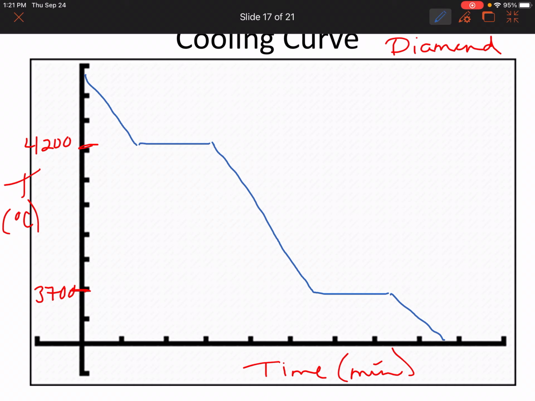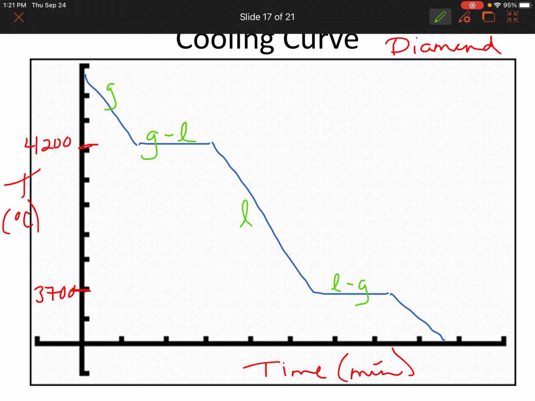And then down. Now, if we were to write the states on here, we're going to start very, very hot. So this is going to be our gas. In that plateau section, this is going to be our gas/liquid. So this is when the gas is condensing to form a liquid. This section here is our liquid. And then once we get to the freezing point, I'm going to call it the freezing point now instead of the melting point, even though they're equal.